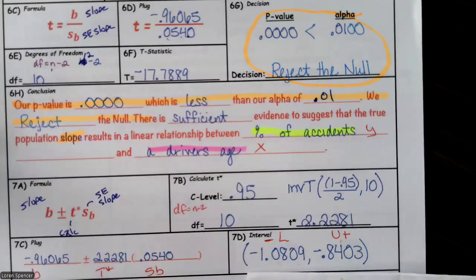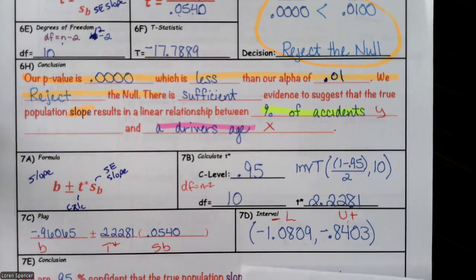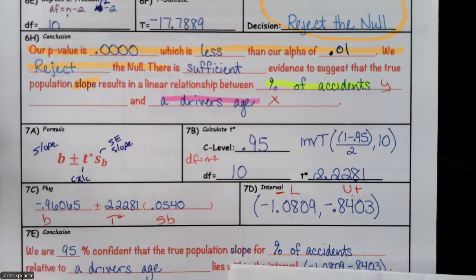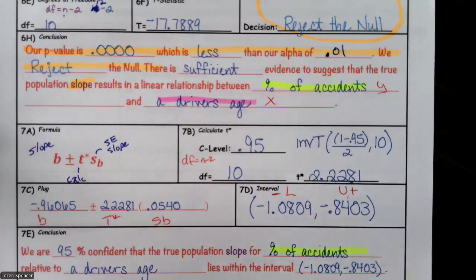All right, so let's go ahead and write our conclusion. We are 95% confident that the true population slope for the percent of accidents. By the way, keyword of slope, don't want to forget that, because it's not a proportion, it's not anything but a slope.